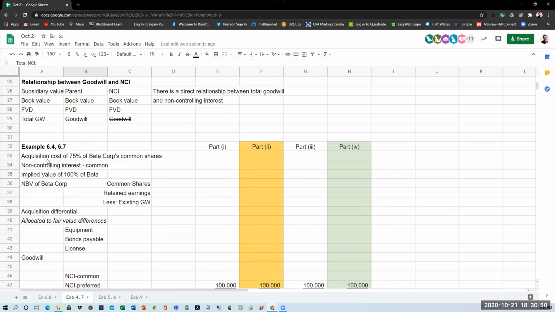So acquisition cost of 75% of Beta Corp's common shares is $600,000. So if we want to use the cost paid by the parent company, this $600,000, if $600,000 is 75%, how much is non-controlling interest?